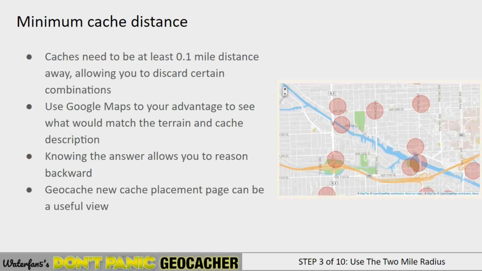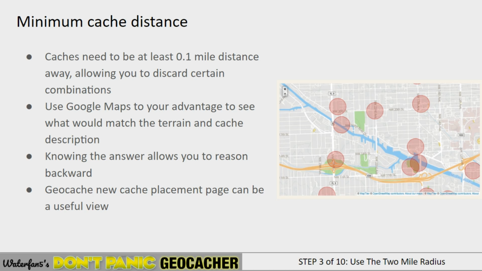Because if you know even a partial final coordinate that is more defined than maybe just the posted coordinates, it again can help you solve the cache and the puzzle itself. So it allows you to reason backwards by knowing some numbers. For many mystery caches, this has helped me further into, okay, this is what the answer could be.